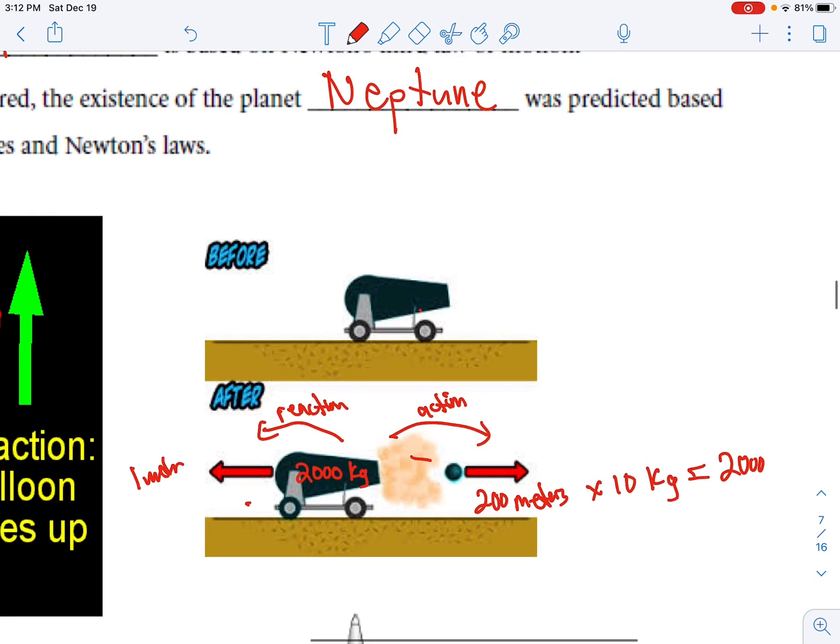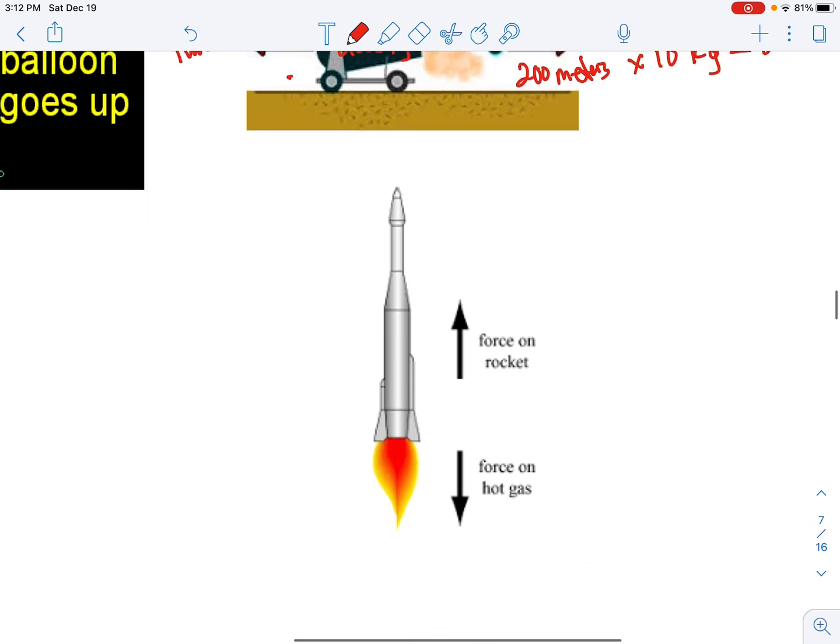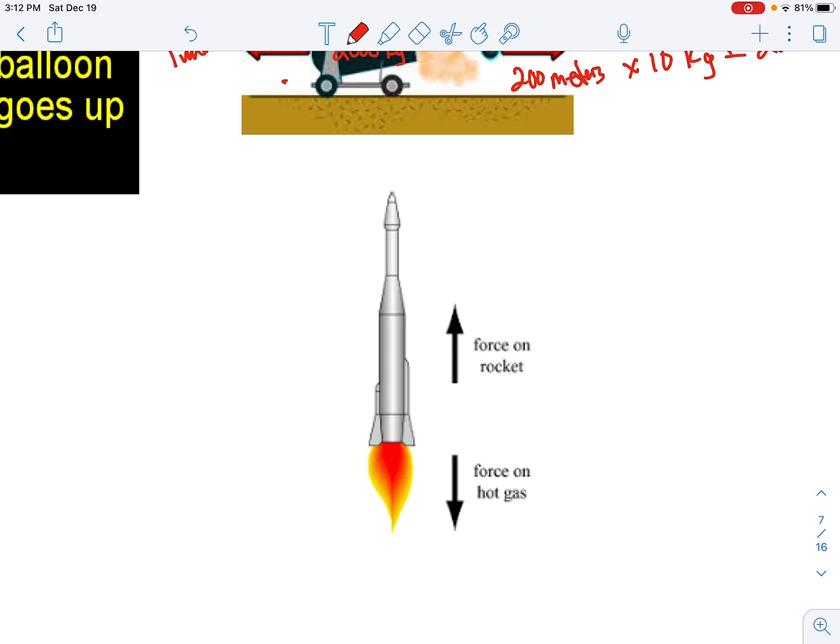And then in our notes, we said that a rocket is a really good example that a lot of times is used in textbooks. So when you shoot a rocket up, you heat up the fuel inside, and you explode the fuel. And that fuel flies out the back of the rocket at a tremendous speed.